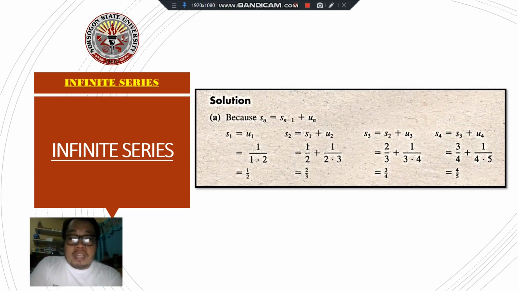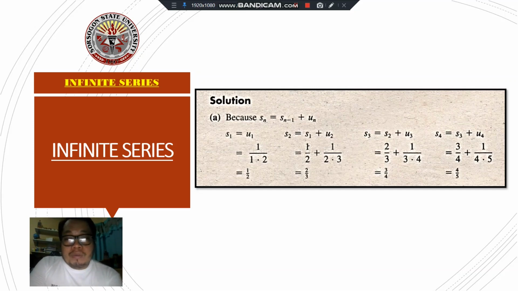So this means that we are going to add the sum of the preceding term, which is denoted by S sub 1, with that term denoted by U sub 2, or that is the second term.